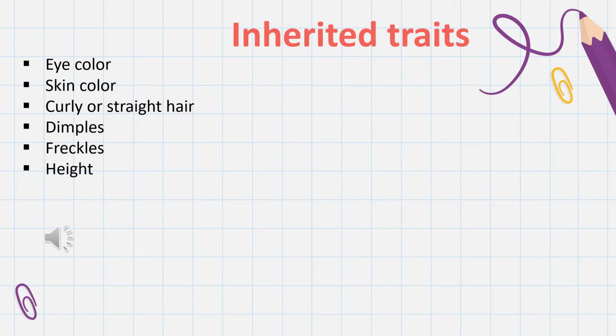Now let's know a little about the examples for inherited traits. Inherited traits like eye color, skin color, curly or straight hair, dimples, freckles, and height. And let's talk about each one of them separately. But first, let's repeat all of them.